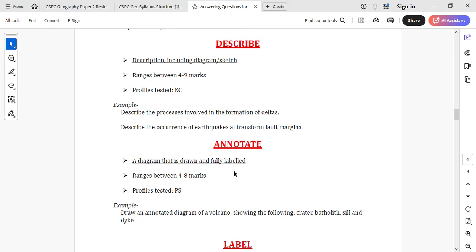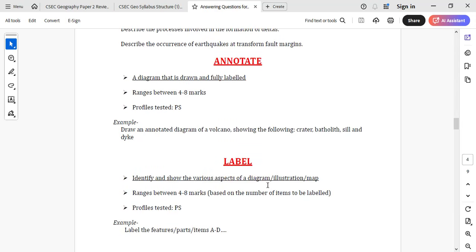And even better, a simple, well labeled, annotated diagram will always go a long way. Annotate, if you are ever asked to annotate, which is rare, I haven't seen it in a long while, you have to fully label and add notes to diagrams.